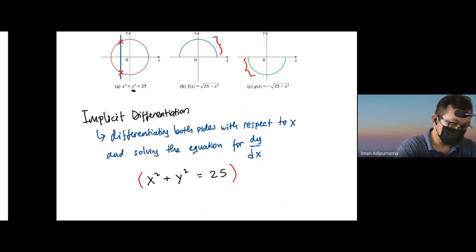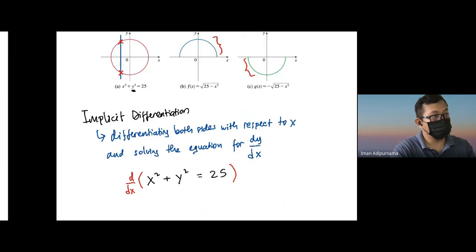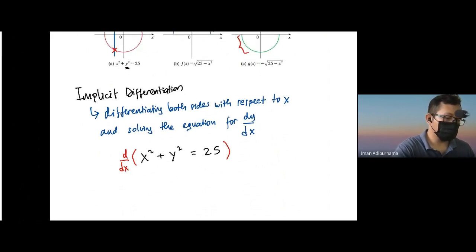Let me just write this and then take d/dx, meaning left and right will be differentiated by d/dx. d/dx means you derive with respect to x. So x squared, yes, 2x. But what happens to y squared? What happened to y?